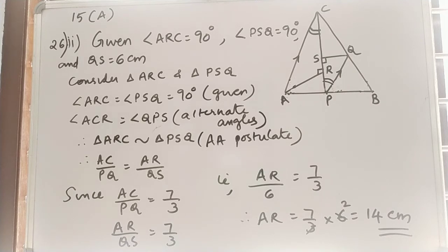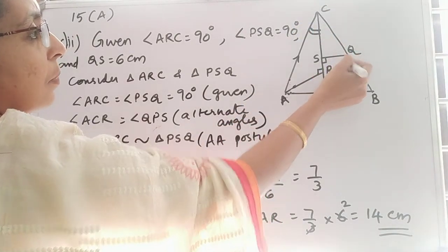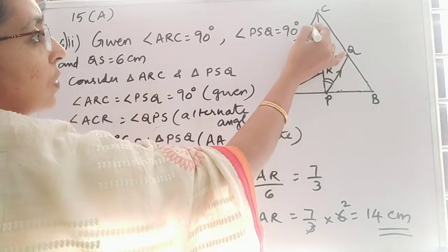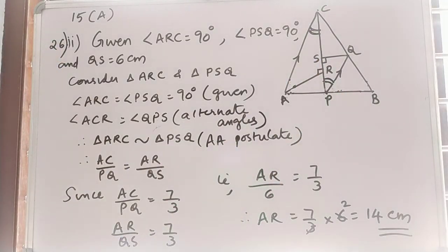AC and PQ are parallel lines. That is, given AC is parallel to PQ and CP is the transversal. So these two angles will be equal using what? Alternate angles.